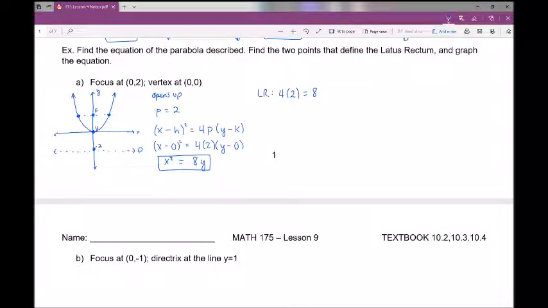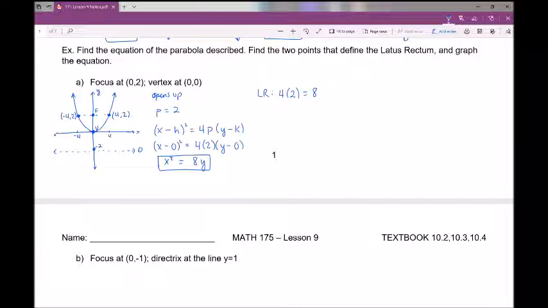Since our vertex is at 0, 0, we just want to split that distance on either side, and so we get +4 and -4. So this point is going to be 4, 2, and this point is going to be -4, 2. Those are your 2 points that define the focal diameter, or the latus rectum.